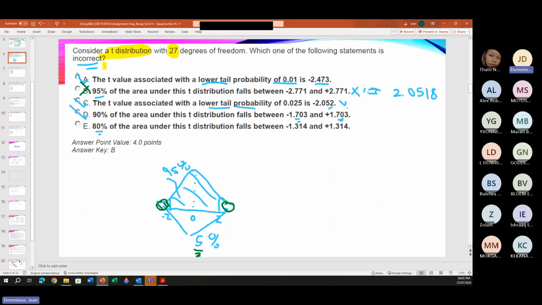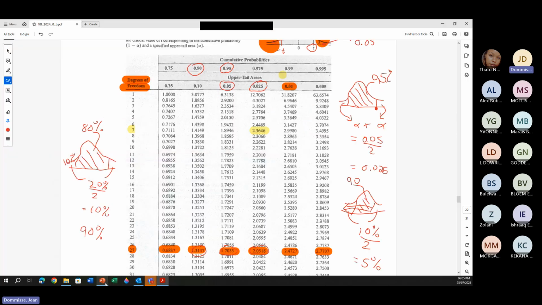So 1,314. So on the positive, 1,31. On the negative, negative 1,31. So let's just do a screenshot of this.